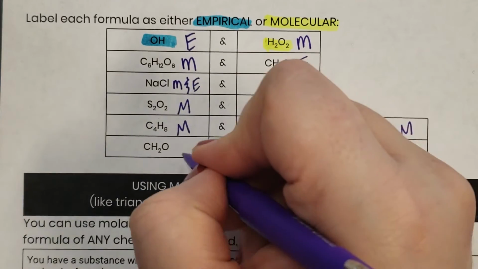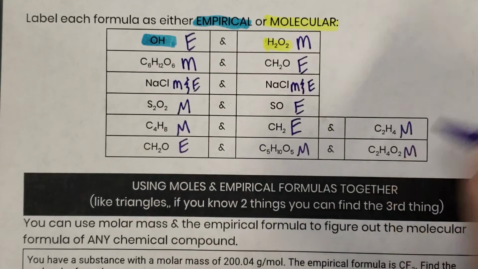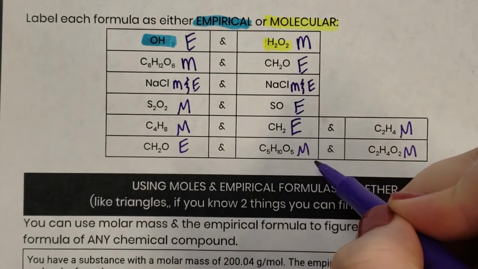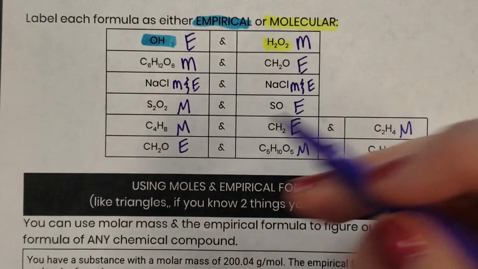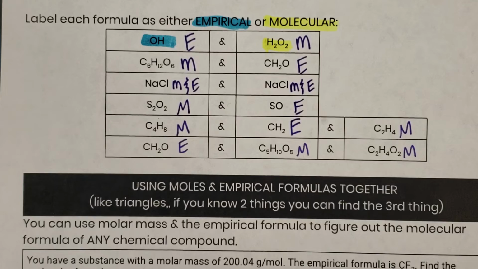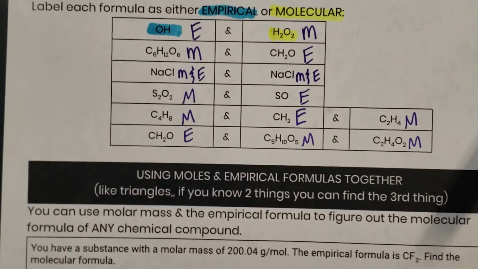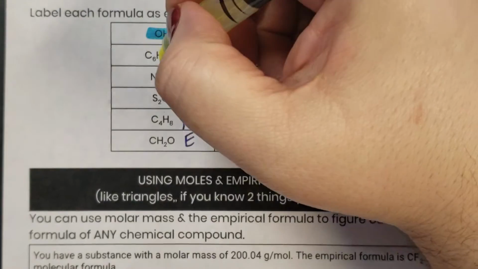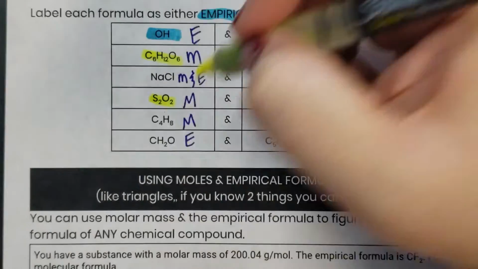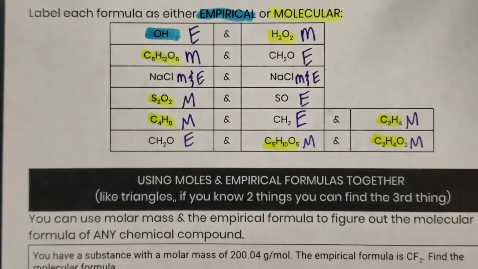This is the reduced version of the other two, so that is the empirical and the molecular and molecular. And interestingly, this is actually acetic acid, which is not a sugar, but it does have the same empirical formula as all of these sugars up here. So again, we can't identify the substance based on just the empirical formula. You need to have the molecular formula before you can determine the identity of a chemical compound.